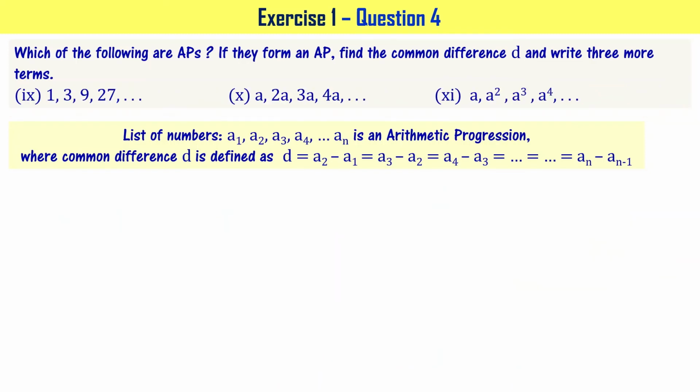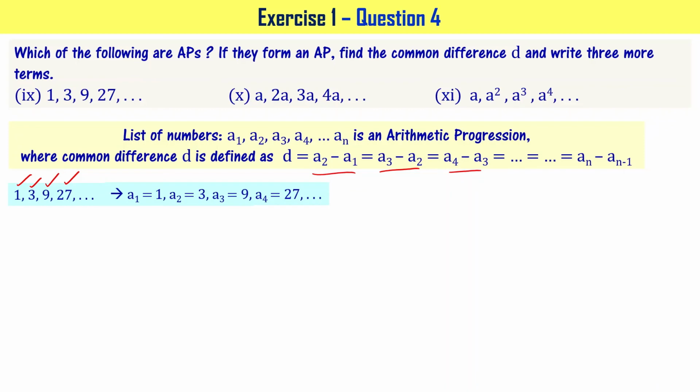The next list of numbers is 1, 3, 9, and 27. When you look at it, you can say that first term A1 equal to 1, A2 equal to 3, A3 equal to 9, A4 equal to 27, right? We have to first find the difference between successive terms A2 minus A1, A3 minus A2, A4 minus A3, and see whether they are coming out to be a fixed number or not, right? So let's find A2 minus A1, that is 3 minus 1, that is equal to 2.